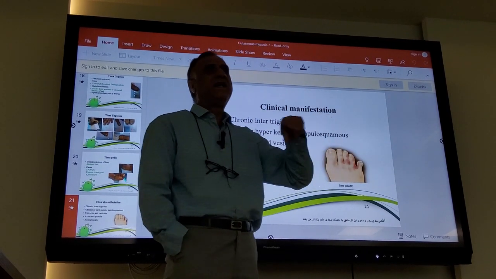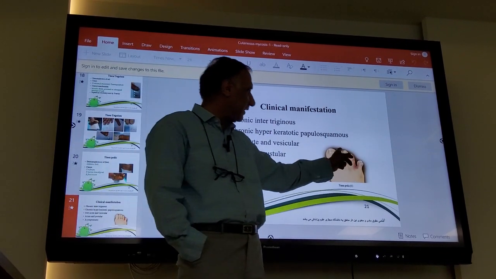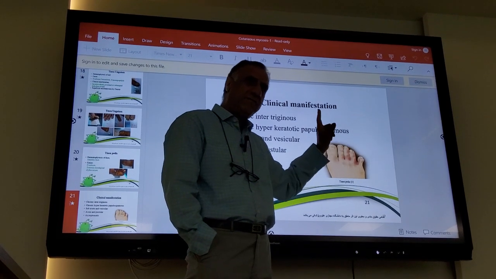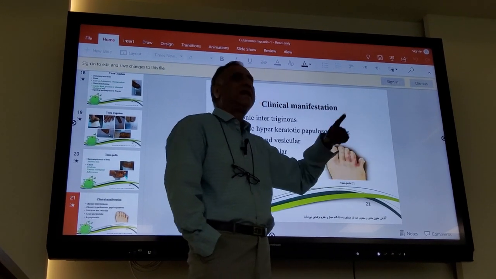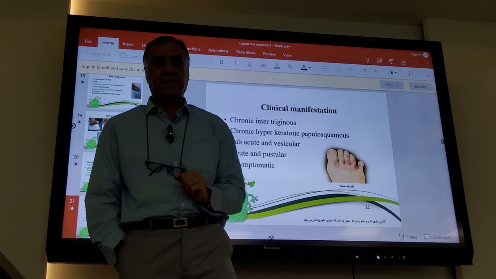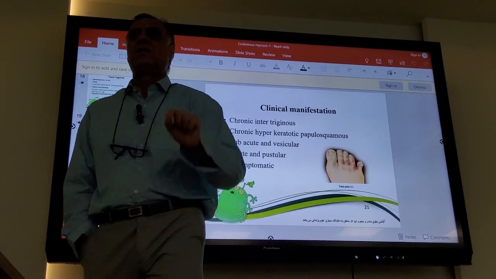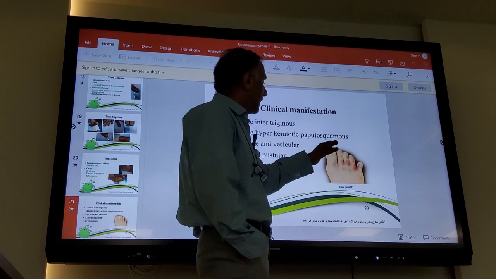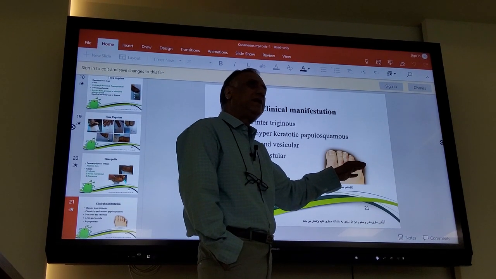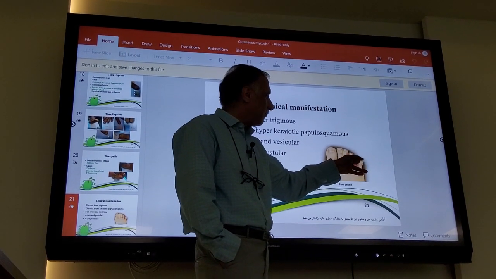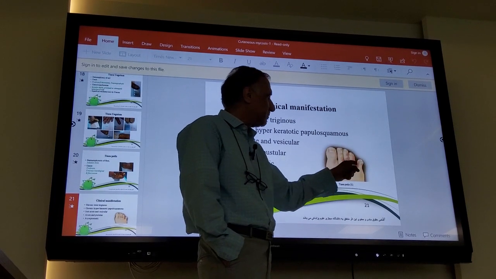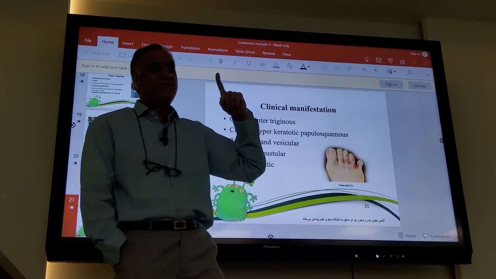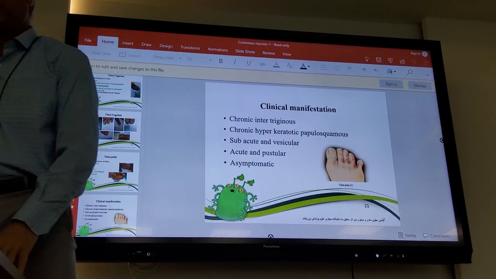Toe means finger. Toe web is the space between the fingers.